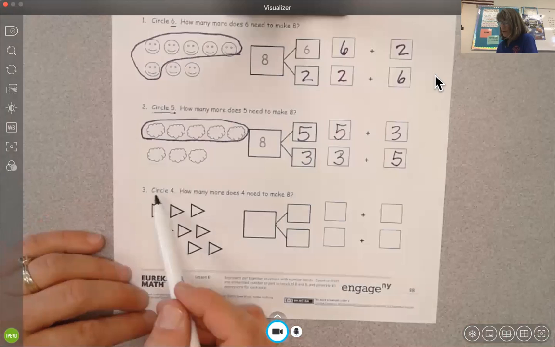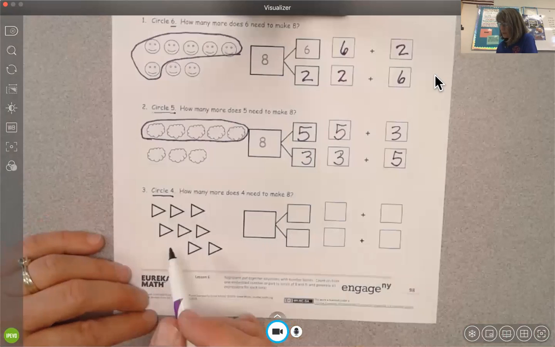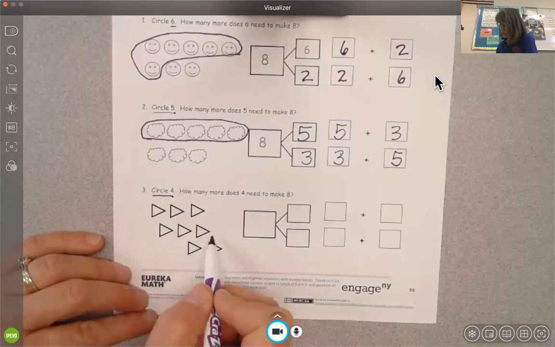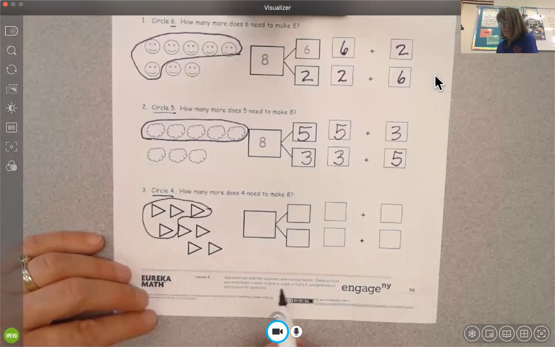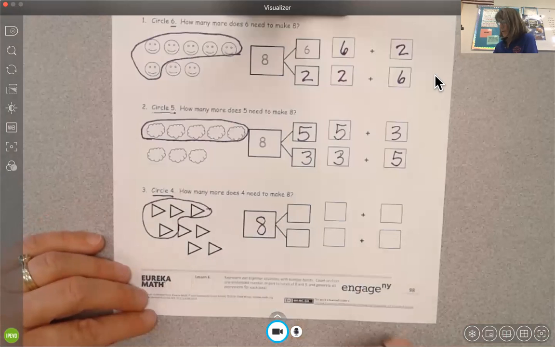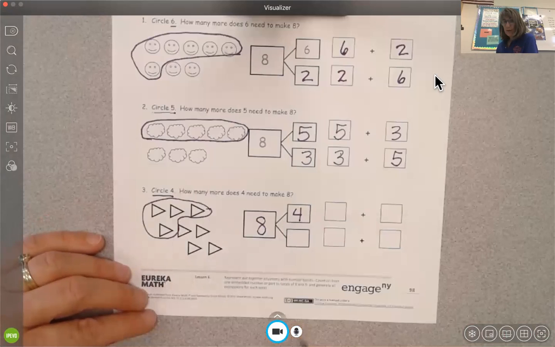How many more does 4 need to make 8? So I don't see a nice group of 5 this time, so I'm just going to go 1, 2, 3, 4 like that. You can circle different 4 if you want. We know that the big number we're trying to get to is 8. We circled 4. You can see that there's 1, 2, 3, and 4.